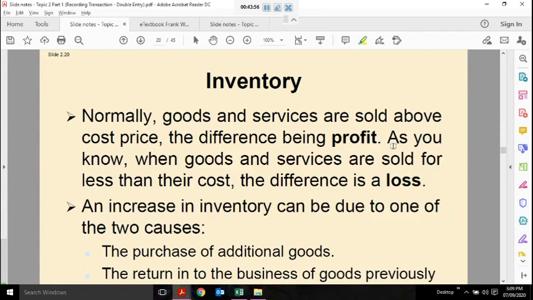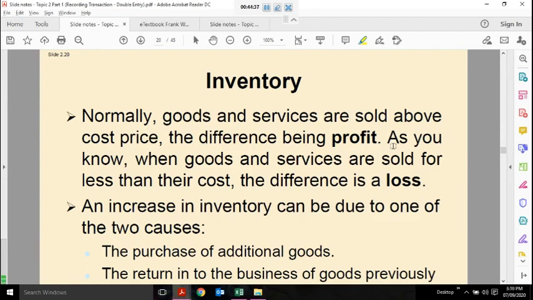It's very rare for businesses to sell below cost price. If products and services are sold at a lower price, then the business will have a loss. But it doesn't mean that the business cannot, and it does happen. Maybe under certain conditions, for example, fast moving consumer goods that are about to reach their expiry date, they might sell slightly cheaper.